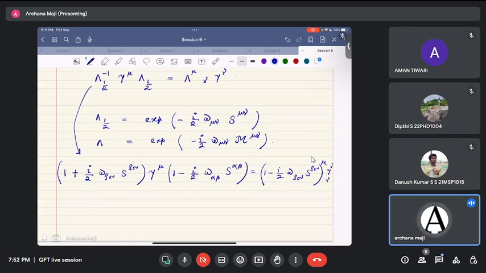So you should be able to now distinguish between what is what. So this mu nu denotes the row and column index of this lambda matrix. Okay. So this implies the identity will get cancelled out from both sides.